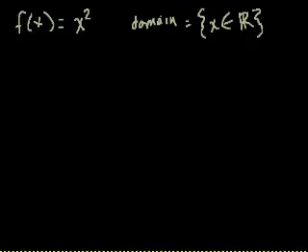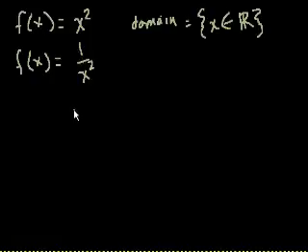So let's do another one, a slight variation. Let's say I had f of x is equal to 1 over x squared. So is it the same thing now? Can I still put any x value in here and get a reasonable answer?